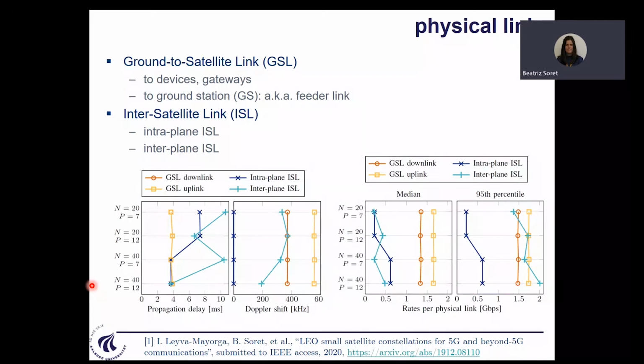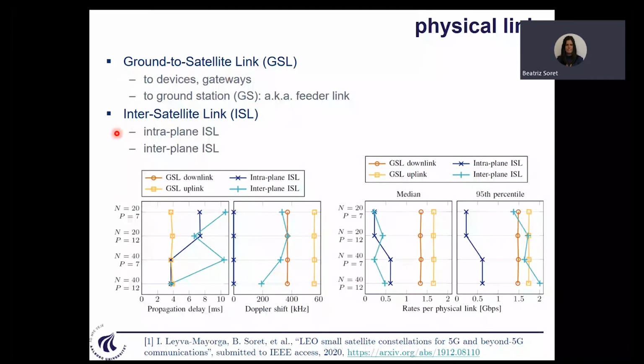But we also mean here the link to a ground station for the constellation management or for other purposes. And this is also known as the feeder link in space communication books. But we group them in the category of ground-to-satellite link.